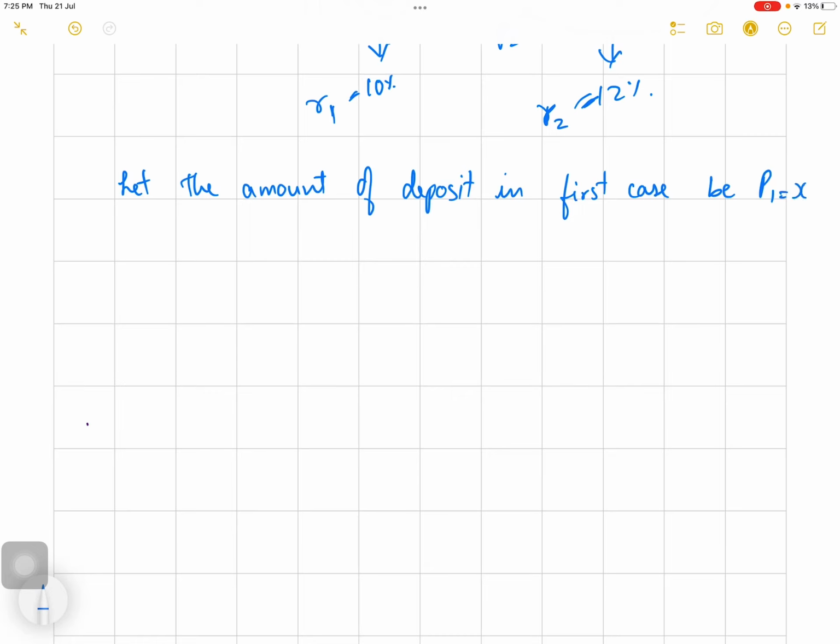So P1 is equal to x. Then the amount of deposit in the second case will be 50,000 minus x, which is P2 equals 50,000 minus x.